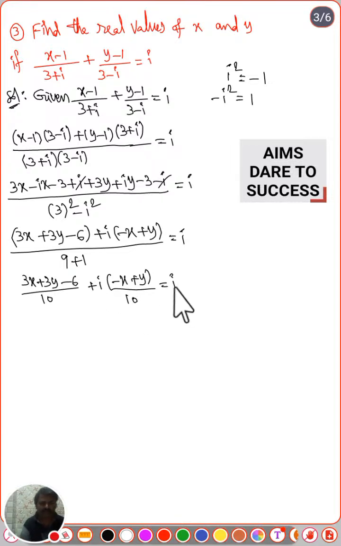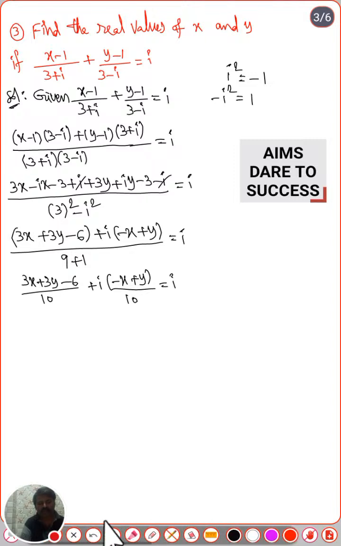So my dears, this i can be written as 0 plus i. 0 plus i is i only. Next, i is i into 1. Now you will compare the real part on the left side and the right side.